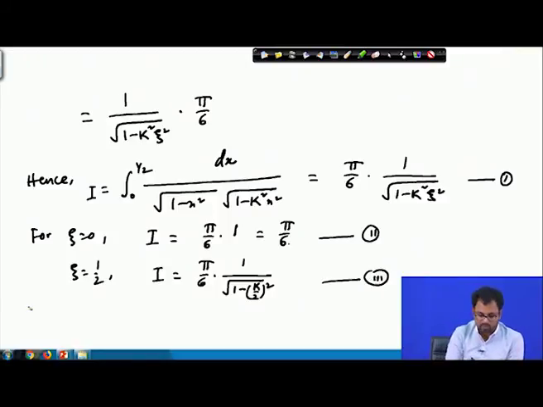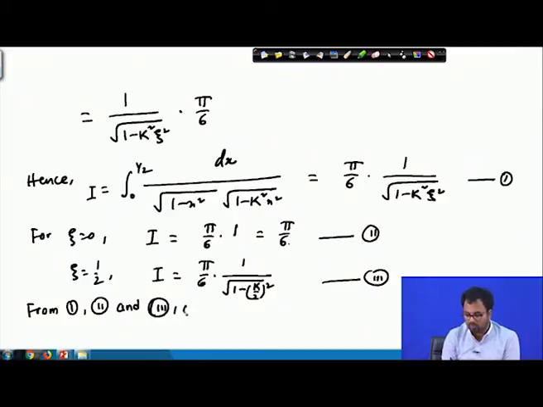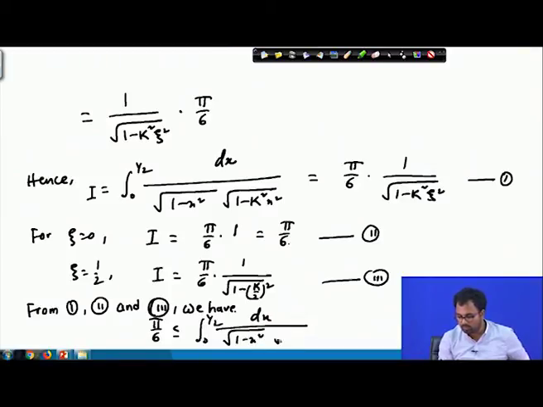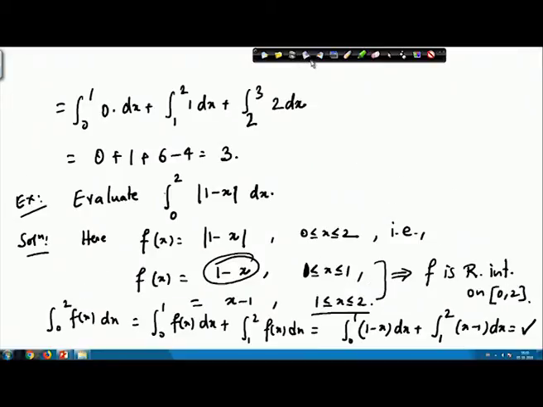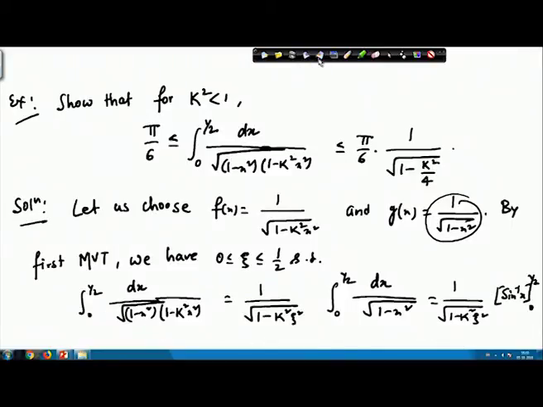So from 1, 2 and 3 we will have pi by 6 less or equal to integral from 0 to half dx by square root of 1 minus x square times 1 minus k square x square less or equal to pi by 6 times 1 by square root of 1 minus k square by 4, which is what we needed to prove.